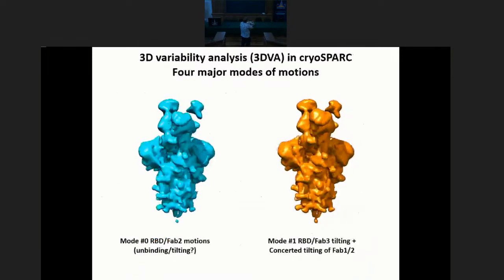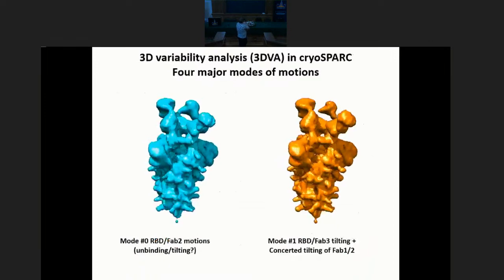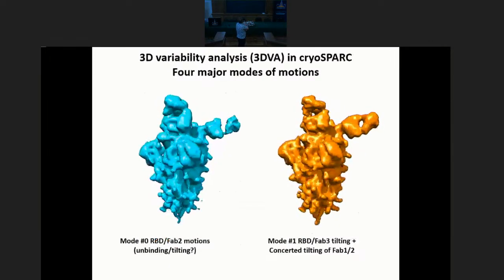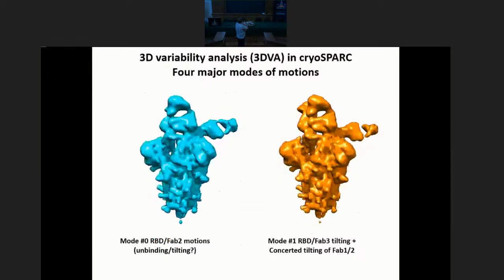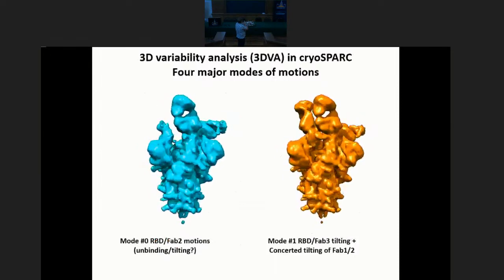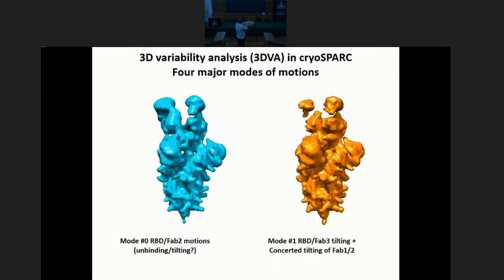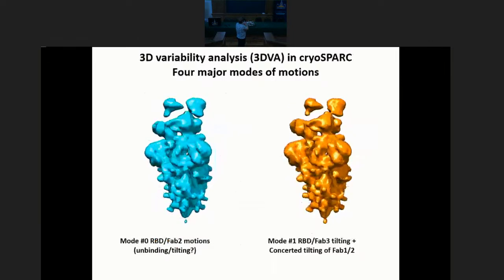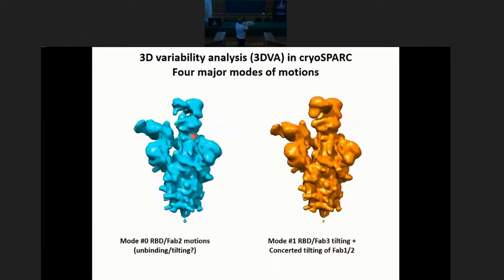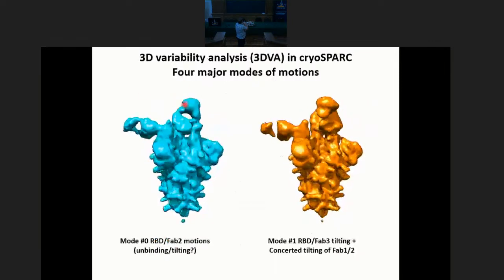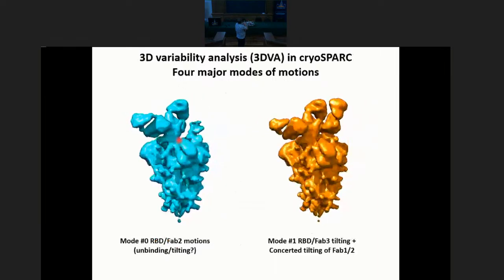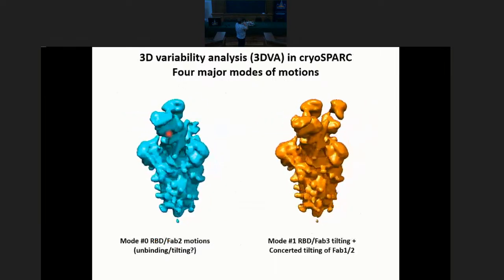To illustrate this dynamic mobility, we used 3D variability analysis implemented in CryoSPARC, and we obtained 4 major modes of motion in our complex. You can see that the first mode of the complex originates with the moving of FIB2 fragment with the RBD2 domain, but the other 2 domains are intact.